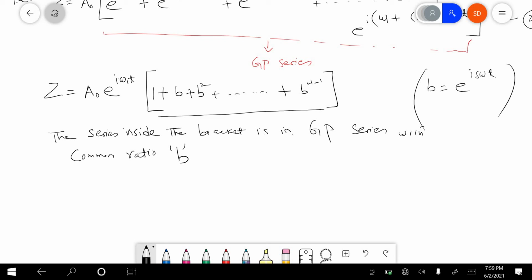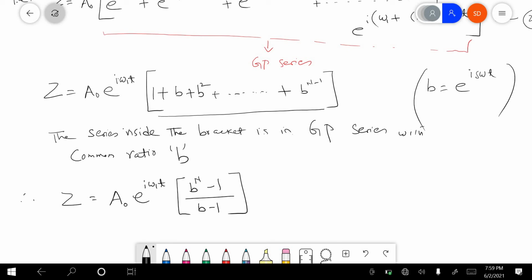The common ratio is b. Therefore, using the GP series formula, we can write e to the power i omega 1 t times (b to the power n minus 1) divided by (b minus 1).